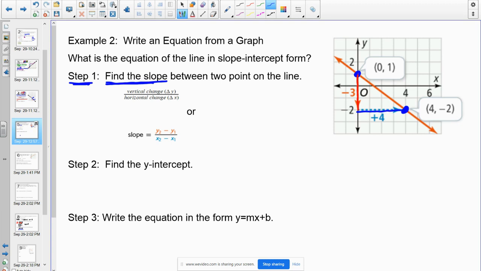So my vertical change, because I went down, would be a -2, and my horizontal change, I'm sorry, I said that wrong. Let's go back here. The vertical change was a -3, went down 1, 2, and 3, and then the horizontal change is 4. So my slope is -3/4.